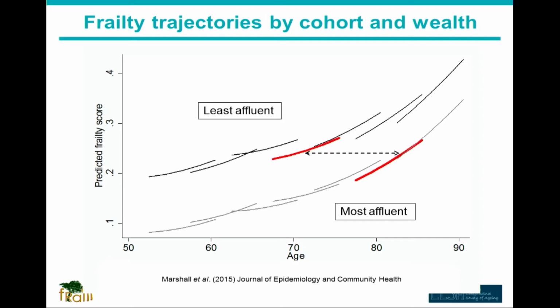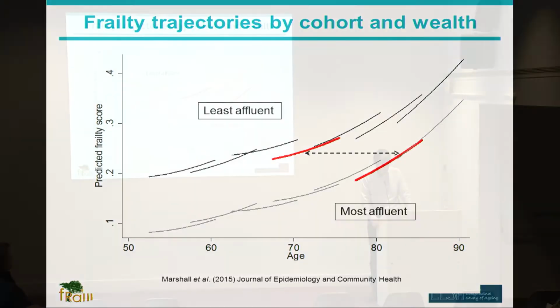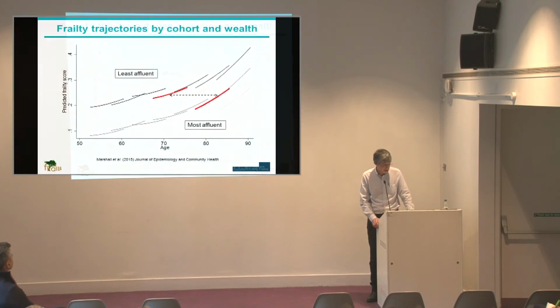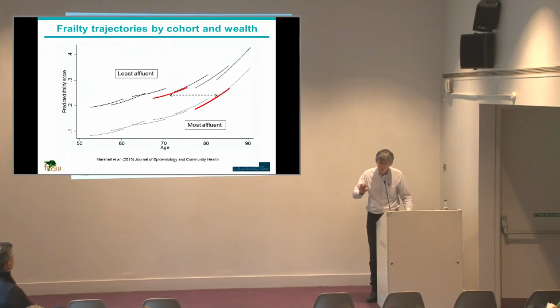What's important is that the levels of frailty for the most affluent, and this is the most affluent third, not the most affluent fifth, are so much lower than the levels of frailty for the least affluent. And the horizontal line there gives you some sense of the difference in ages at which a particular level of frailty is hit. And you can see that it's a kind of 10 or more than 10-year difference. There are other important subtleties here in this chart, but that's the key one.